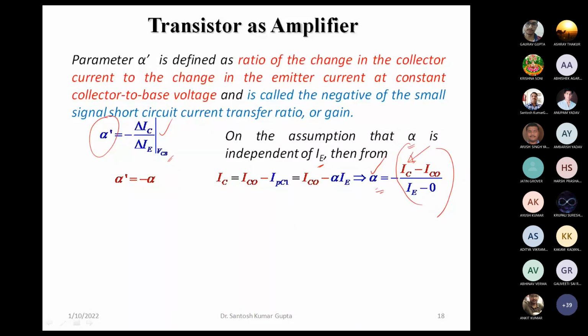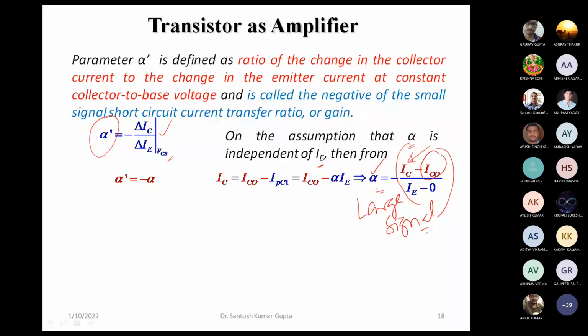If we fix some biasing voltage in the on condition of the transistor, corresponding to biasing values of the voltages at the collector junction and emitter junction, we have IC and IE. When we keep the emitter open, there is a current through the collector given by ICO, and this gave the large signal gain.